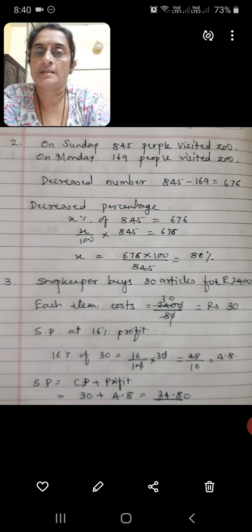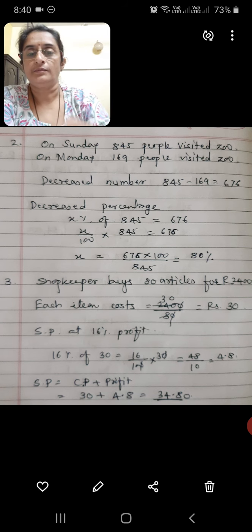So 16% of 30 we have to find out. 16 upon 100 into 30, you will get 4 rupees 80 paise, 4.8. So that is the profit on each 30 rupees item. Selling price will be cost price plus profit. So 30 plus 4.8 is 34.80, the selling price of each item.